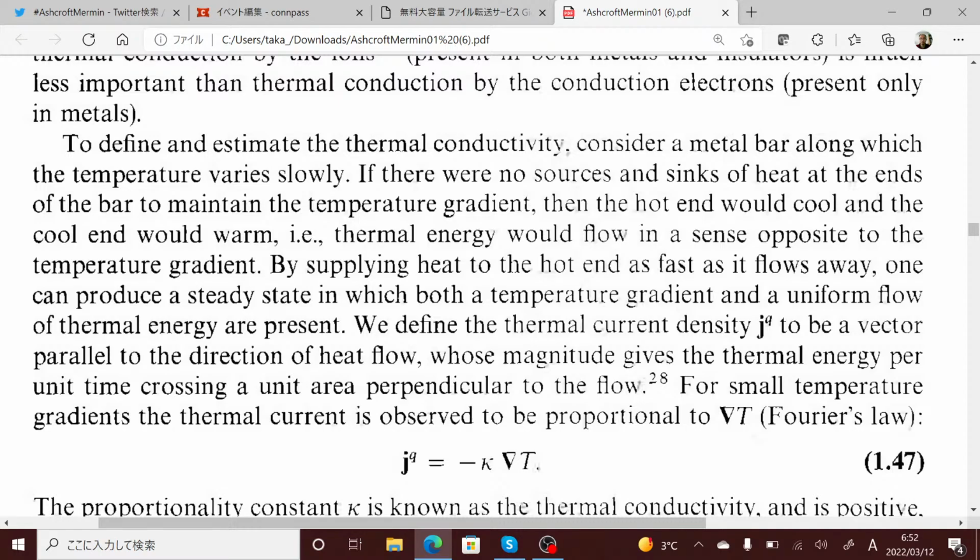To define and estimate the thermal conductivity, consider a metal bar along which the temperature varies slowly.